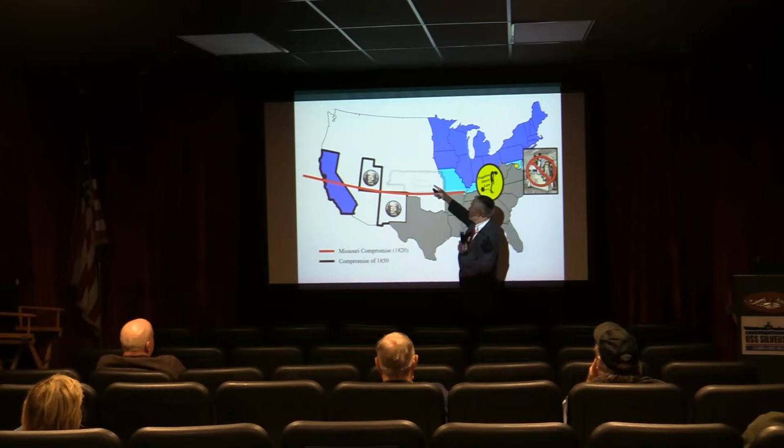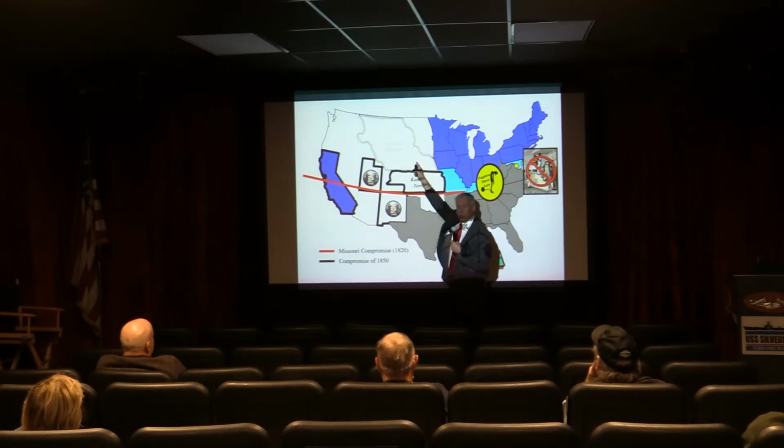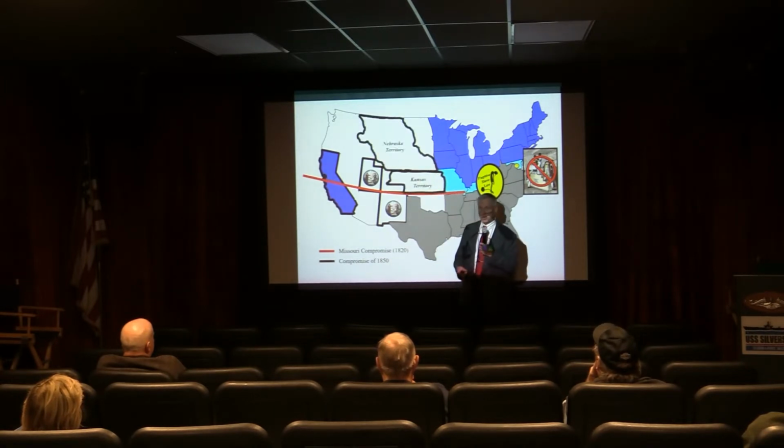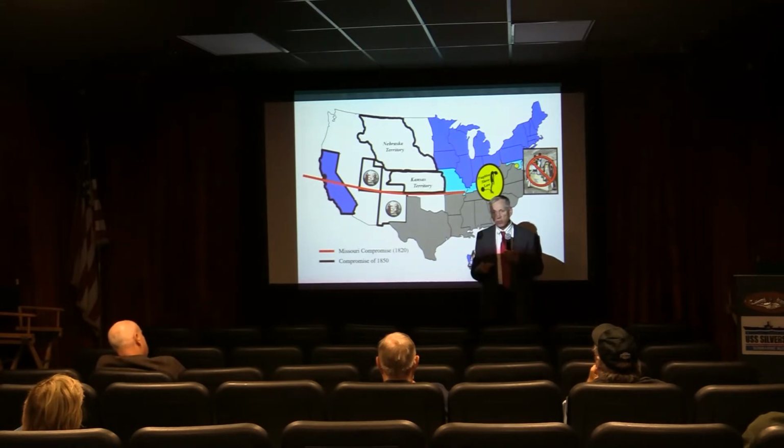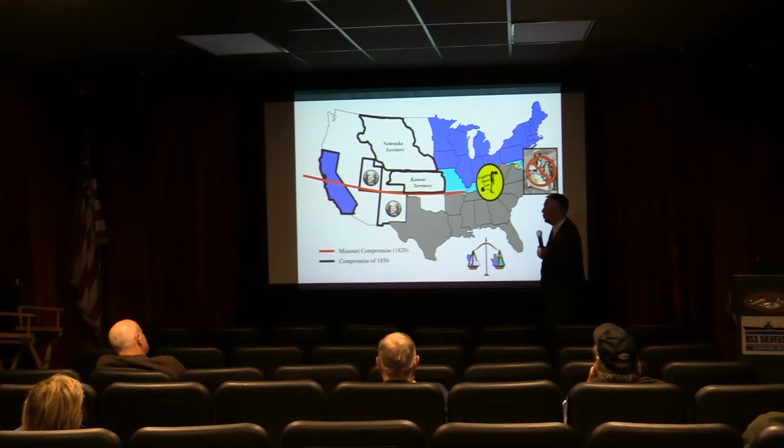The territories of Kansas and Nebraska were part of the old Louisiana Territory purchased by Jefferson back in 1803. It was long-held territory. By 1854, they are ready to come into the United States as individual states. Well, the Missouri Compromise line obviously says that they are going to be free states. But the South didn't like that.